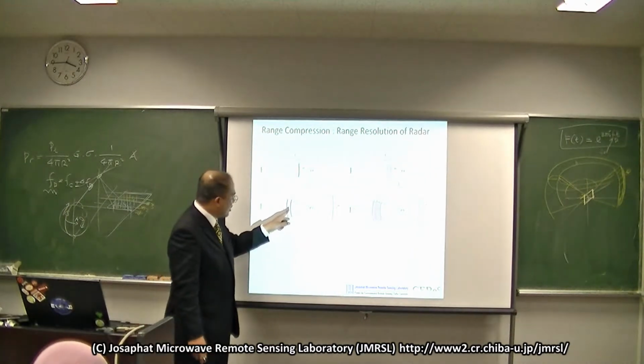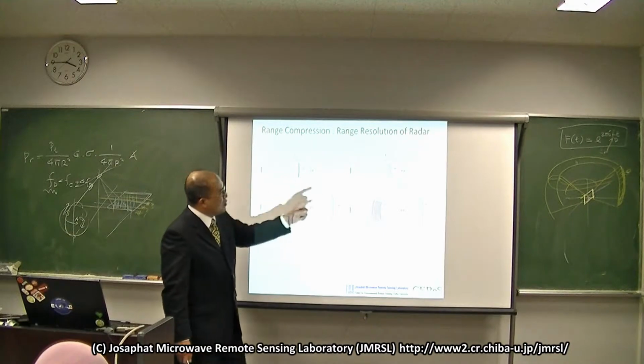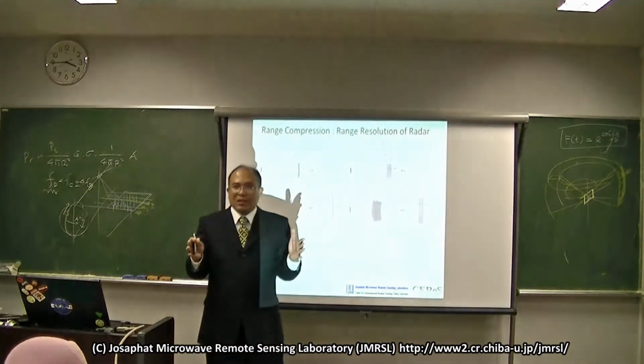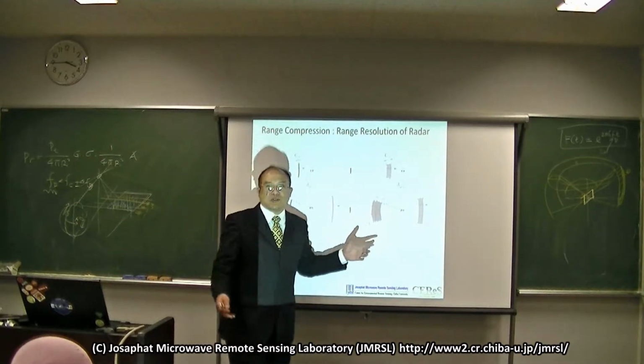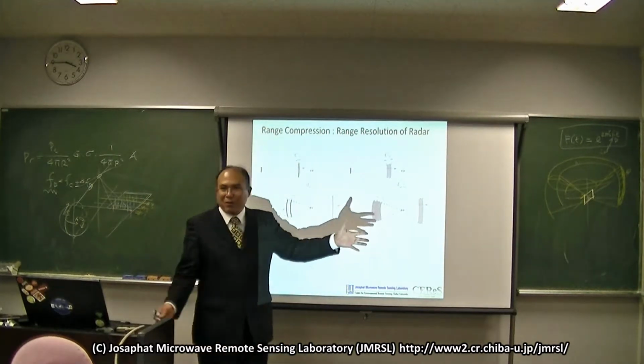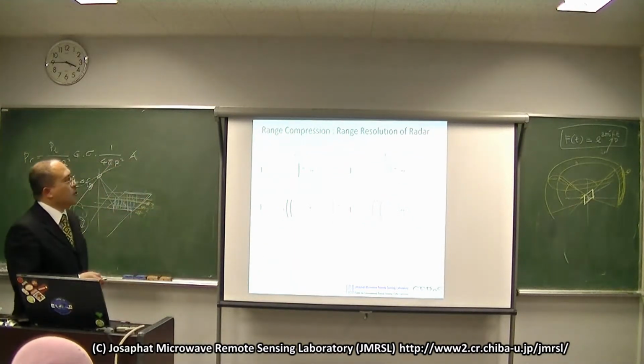So you can discriminate the response from A and B. But if your pulse is wide, there is one response from A, B, and offline. So you cannot distinguish A or offline. I think this is very easy.